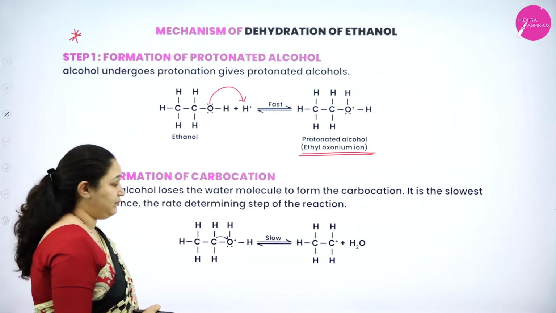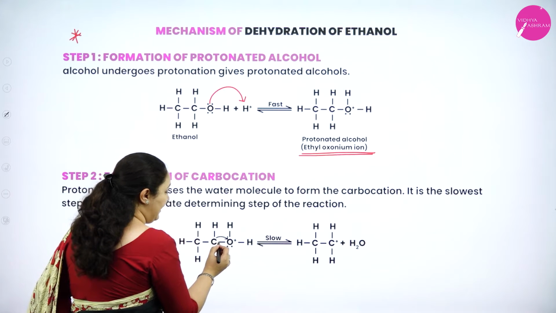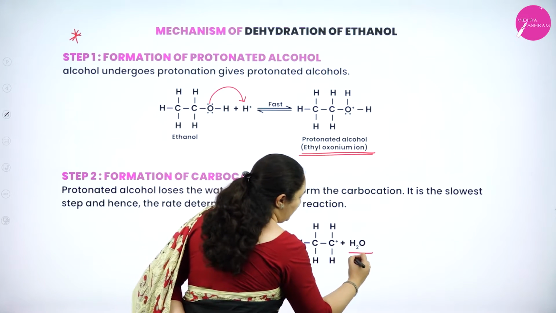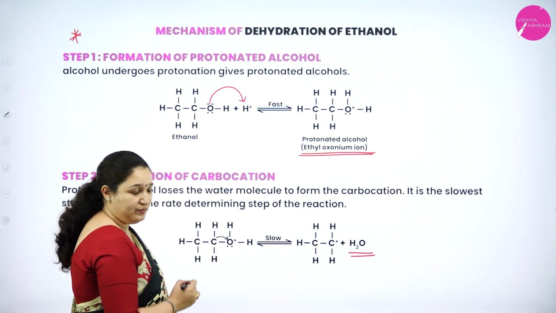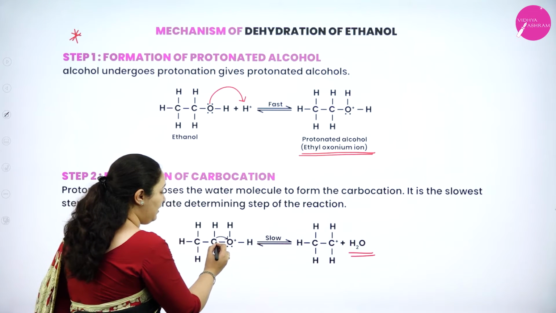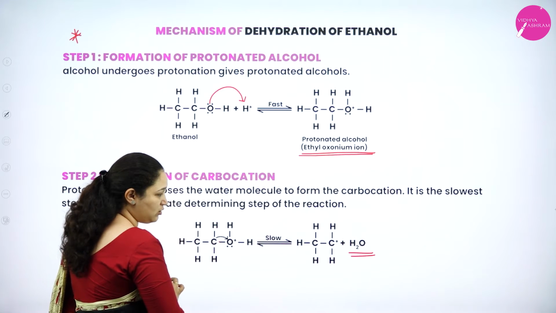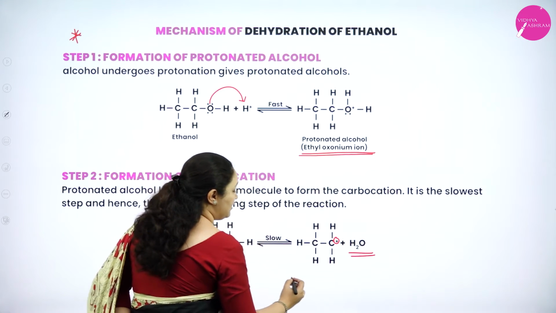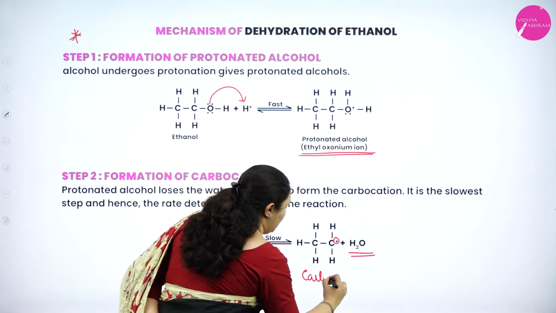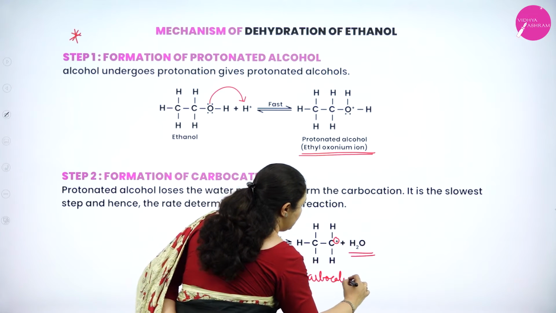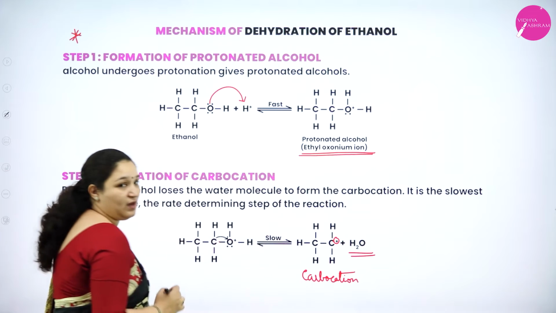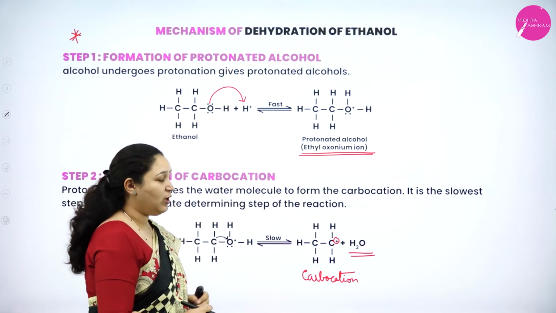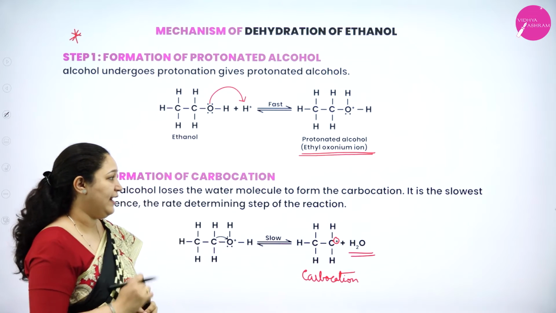Oxygen will take up the electrons from the carbon atom and move out as a water molecule, H2O, and carbon, giving away its electron to oxygen, thus gets the positive charge. So what is formed? Carbocation is formed. So once again, protonated alcohol loses water molecule to form carbocation.